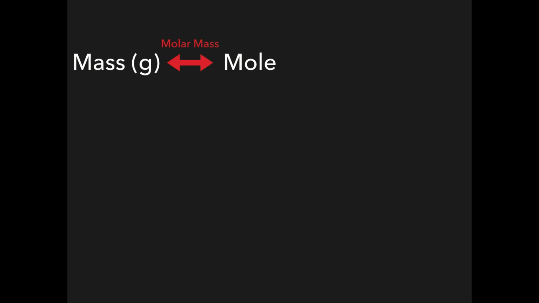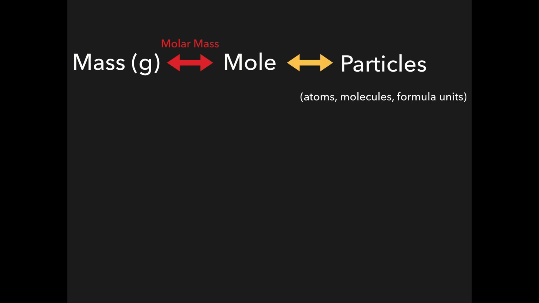Okay, so to go from moles into mass or mass into moles, you need to use molar mass as your unit conversion. You can also go from moles into particles. Now remember, we refer to particles as either atoms, molecules, or formula units. We refer to particles as atoms when we're dealing with one specific element, for example, copper atoms or iron atoms.